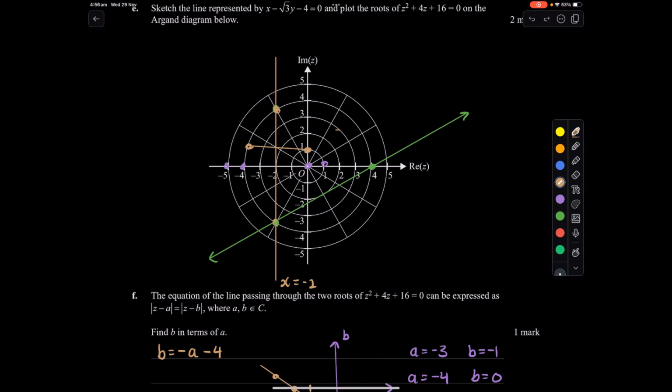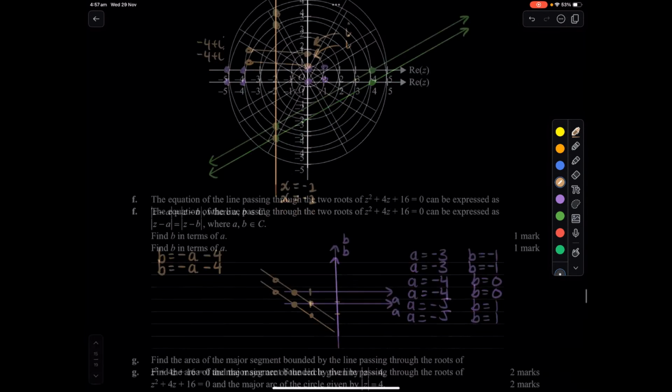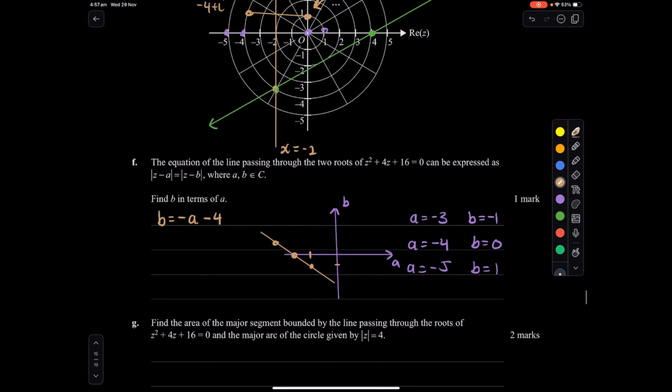This coordinate over here would be just i. And this coordinate over here is going to be negative 4 plus i in this case. So let's sub that in. Does that make sense? Let's check.